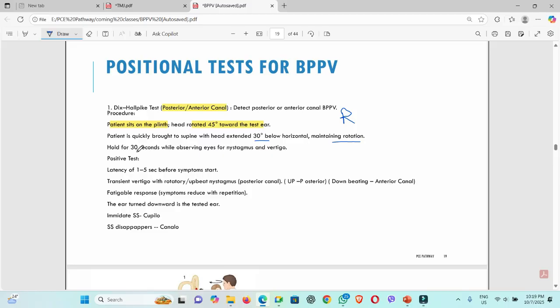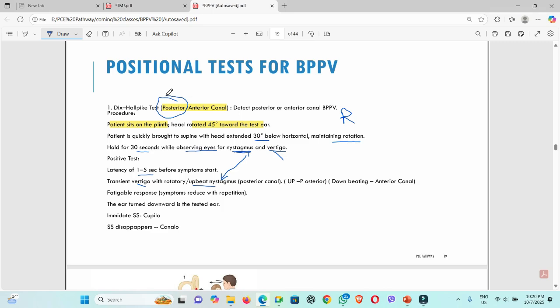We are going to hold that position for 30 seconds and look at the eyes for nystagmus. The person will complain of vertigo. Nystagmus is the sign, vertigo is the symptom. Right? A positive test has a latency of 1 to 5 seconds before symptoms start, with transient vertigo and rotatory upbeating nystagmus. If you notice upbeating nystagmus as a physiotherapist, then you will say it is in the posterior canal.